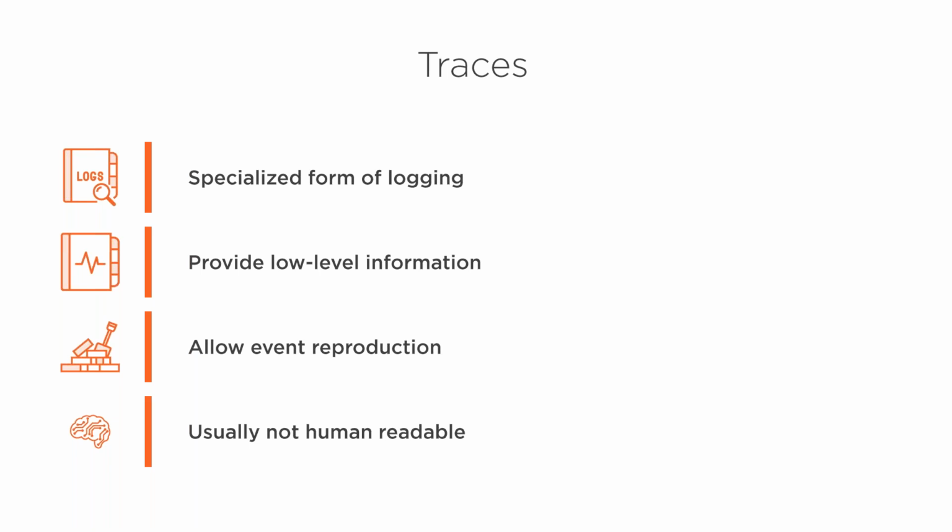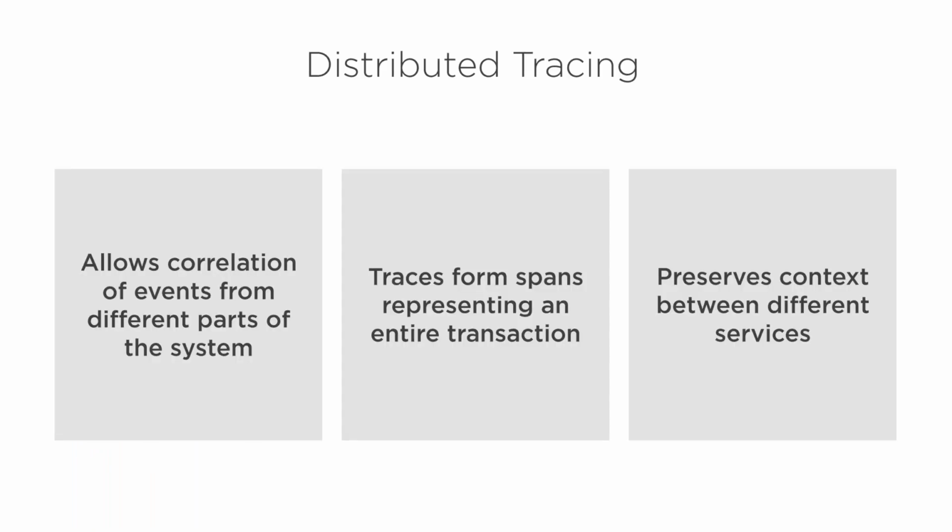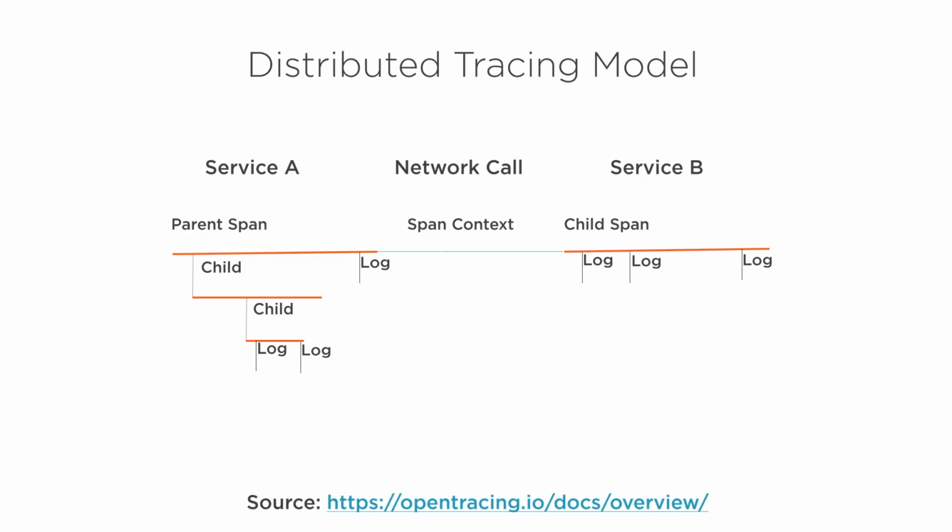So this whole trace has to be monitored also. It's a specialized form of logging, provides low level information, allows event reproduction, usually not human readable, and distributed tracing also we need to gather to make the system available. This is some of the distributed tracing model.